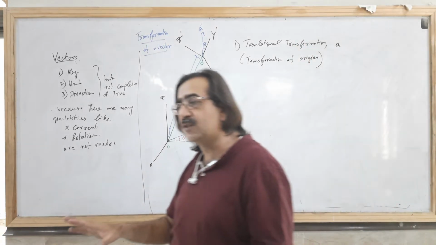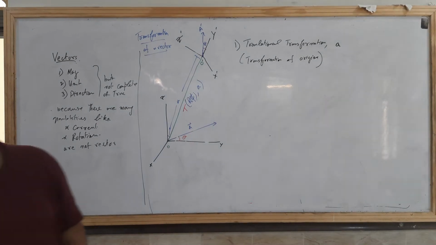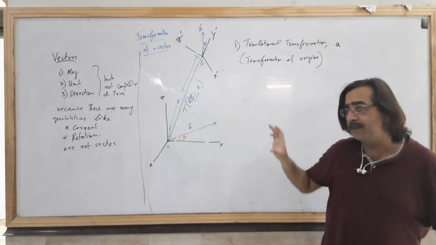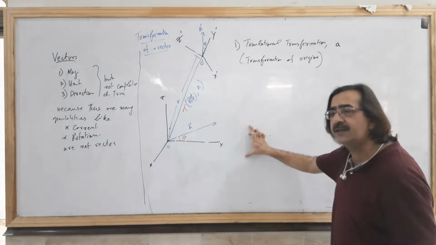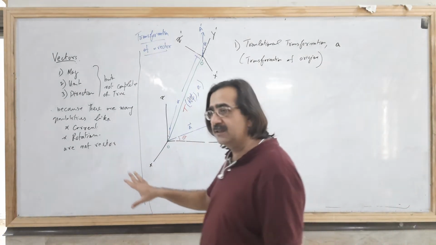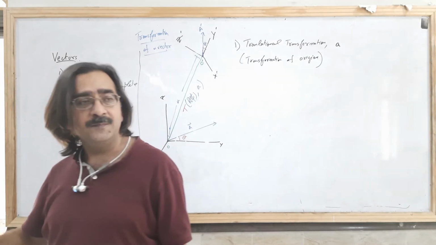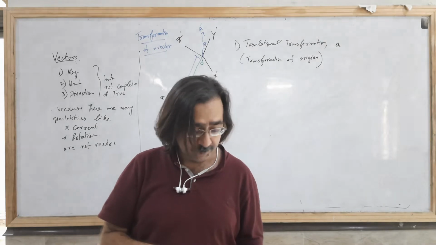Under the translational transformation, vector A will always remain A. There will be no change. If the magnitude and direction are the same, and A vector is placed here, it will always remain A. Got it?